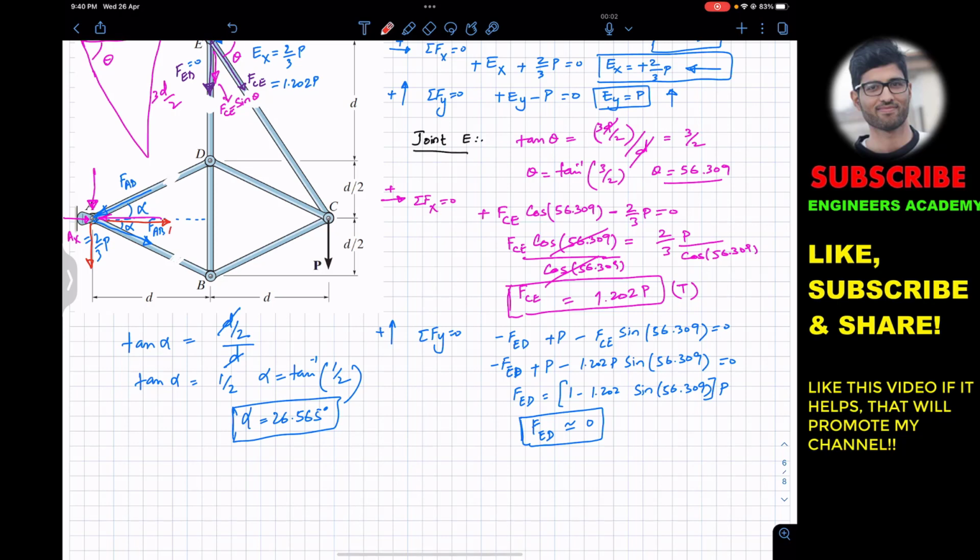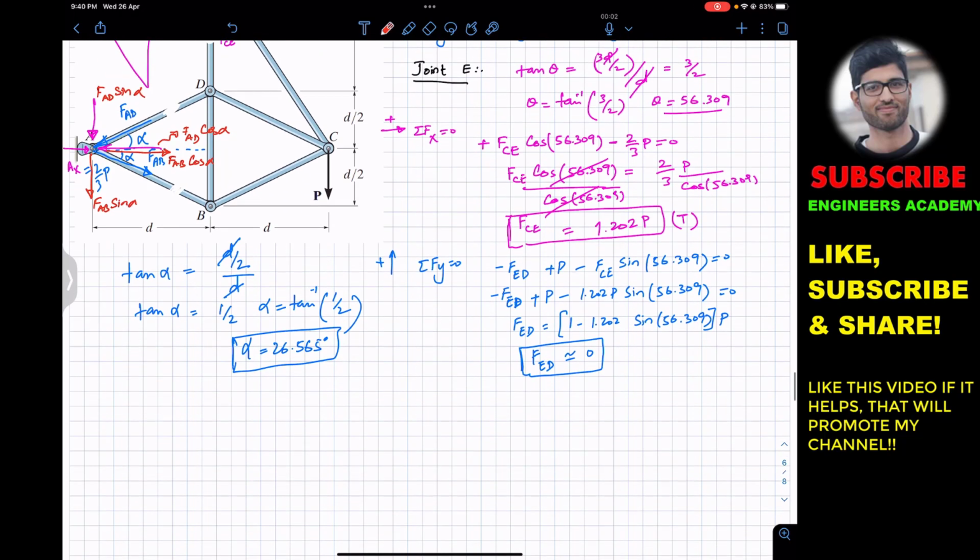So this one will be FAB cos of alpha, and this one will be FAB sine of alpha, and similarly this one will be FAD cos of alpha, and this one will be FAD sine of alpha.